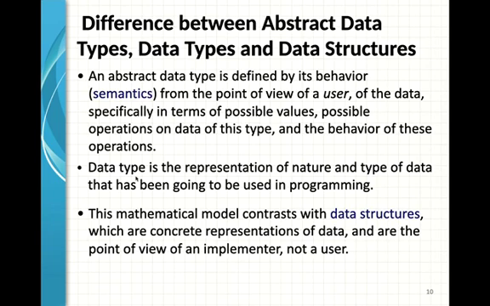Now data type. A data type is the representation of the nature and type of data that is going to be used in programming. Programming is done by the programmer, that is, computer scientists, and the programmer has to know the actual data representation, how the computer handles the data, and by knowing this they use the data type as required for a program.